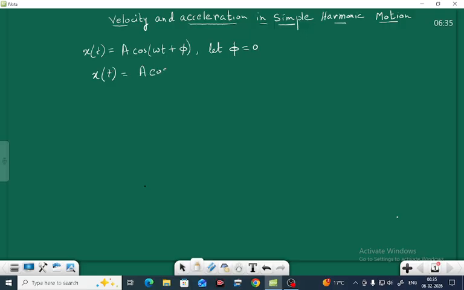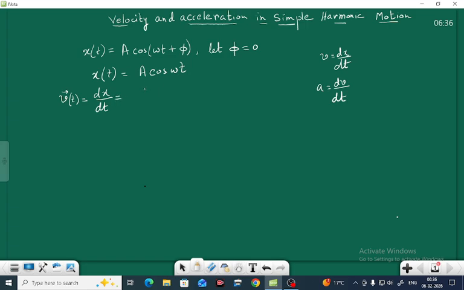Now if we differentiate this, we know that velocity is equal to dx by dt, and acceleration is equal to dv by dt. So we'll use this differentiation to find the velocity and acceleration. Velocity, time dependent, will be dx by dt. You know how to differentiate this.